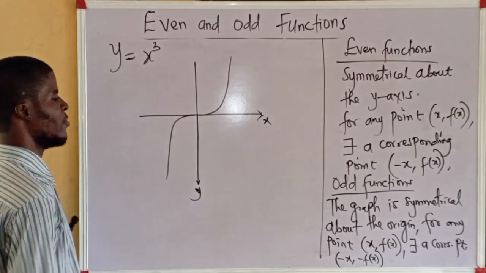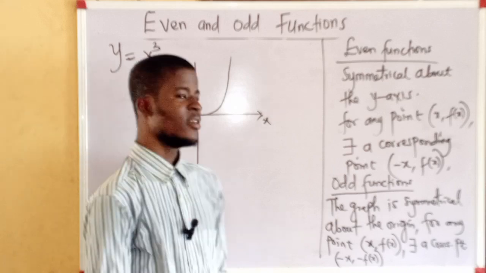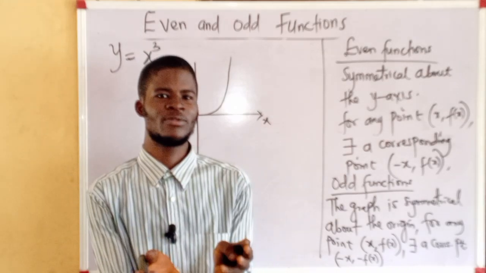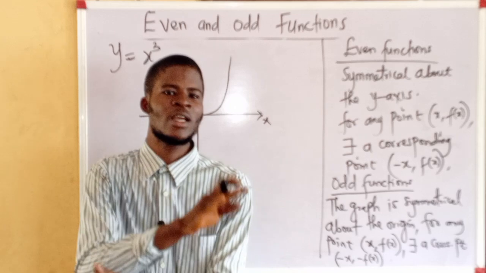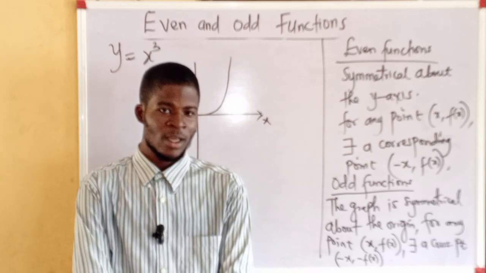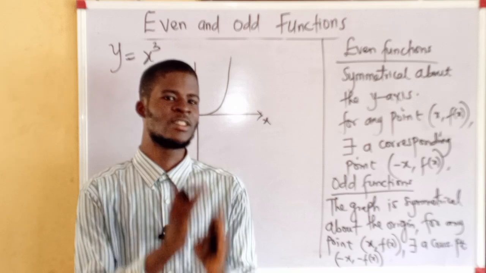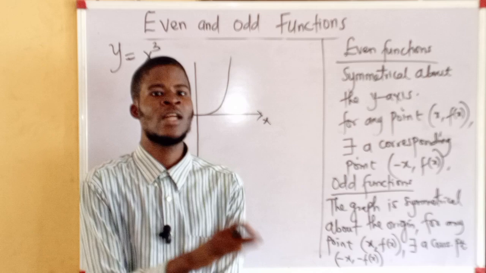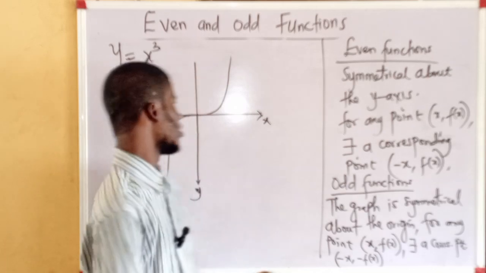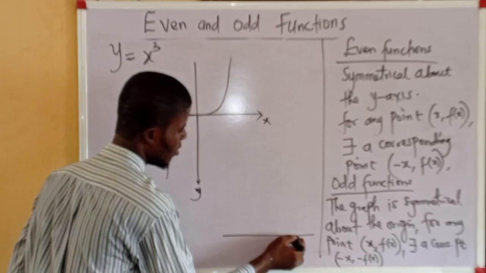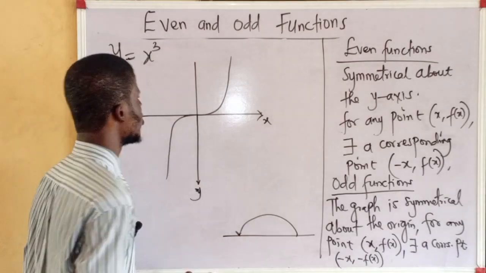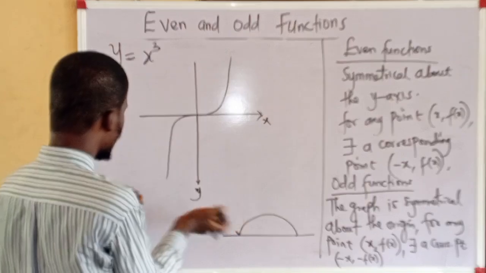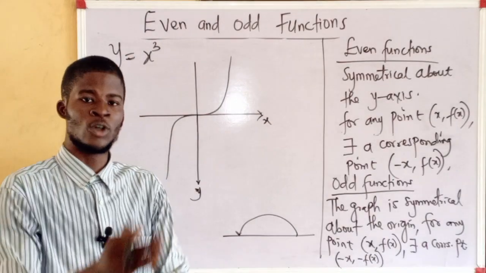For odd functions, the idea of symmetrical about the origin is this: if you rotate the graph at an angle of 180 degrees, what you have in the picture initially is what you will see when the graph is rotated at that angle of 180 degrees. So as it is now, if I turn it at an angle of 180 degrees, what I'm seeing now is what I will see when it is turned at that angle.